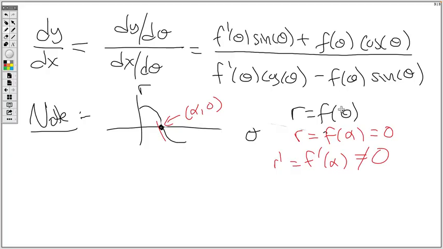So notice if this is the case, what would the slope, dy/dx, be at such a place?